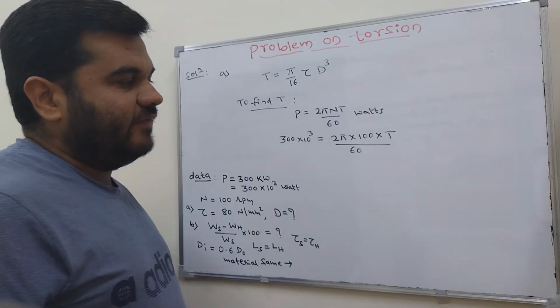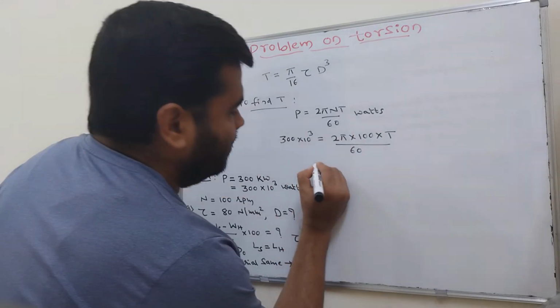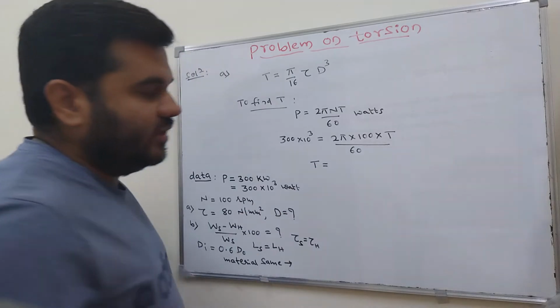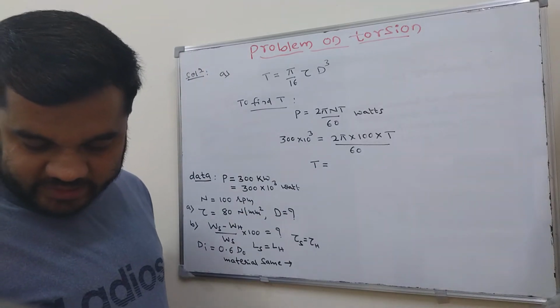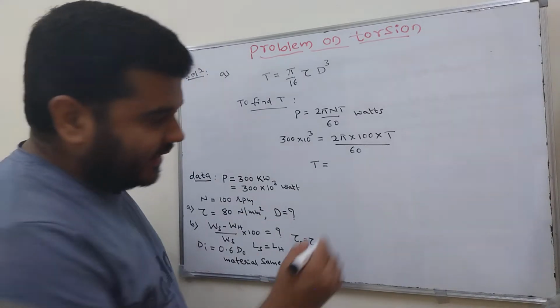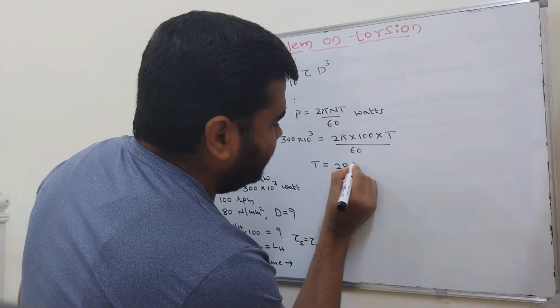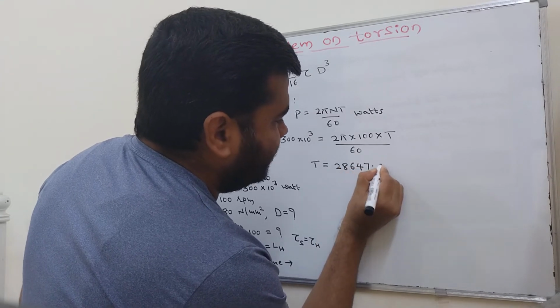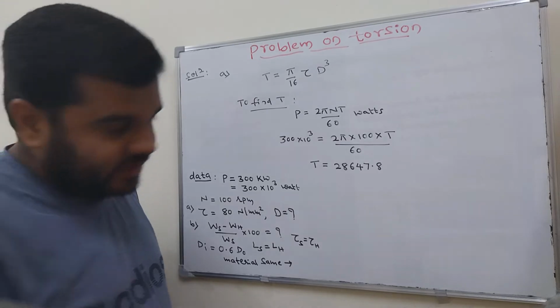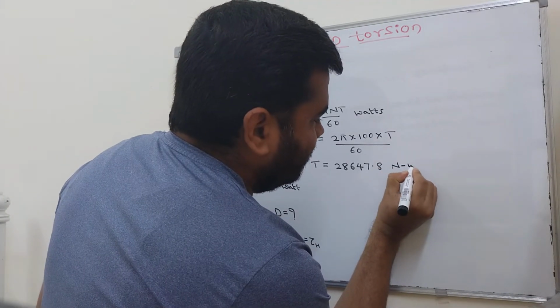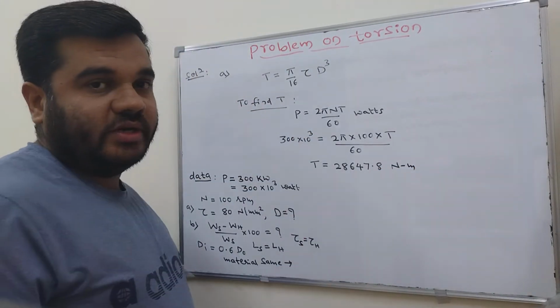So simplify and find the torque. After simplification, the torque value we get is 28647.8 Newton meter.